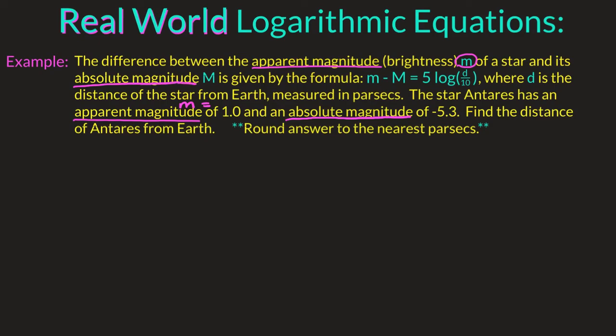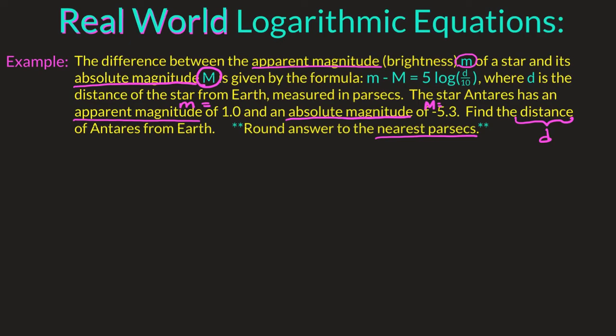It says it's represented by the capital M. So that will be our uppercase M is negative 5.3. Find the distance. So this is what we're looking for. We're looking to find d of Antares from Earth. And it says round our answer to the nearest parsecs.